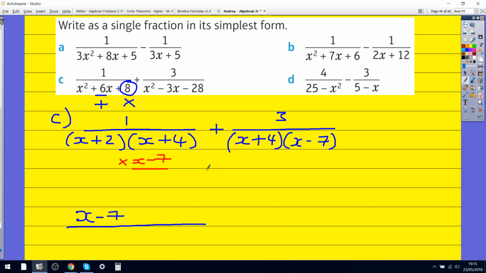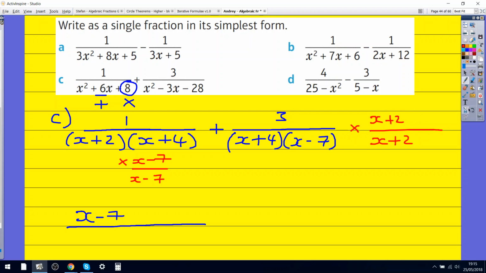Would I have to times x plus 4 times x minus 7 as well? Yeah, basically. And so what would you multiply the second fraction by? X plus 2. Yeah, x plus 2. And on the top, 3 and x plus 2.